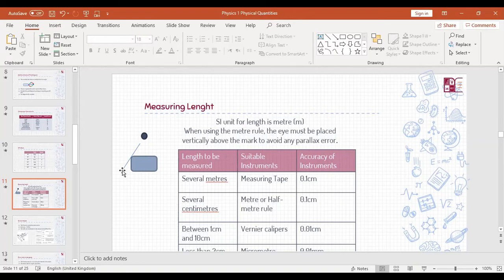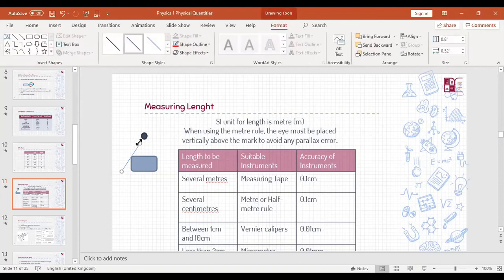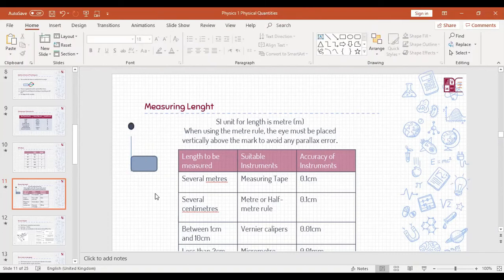This difference in between is what we call a parallax error, and this is what we need to avoid. So we need to make sure that our eye is placed vertically above the object to avoid any parallax error.